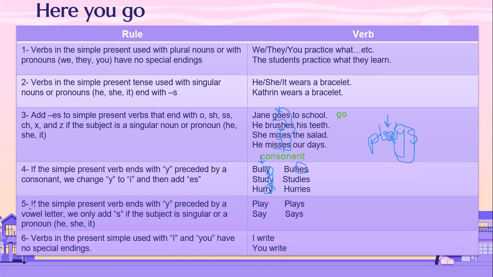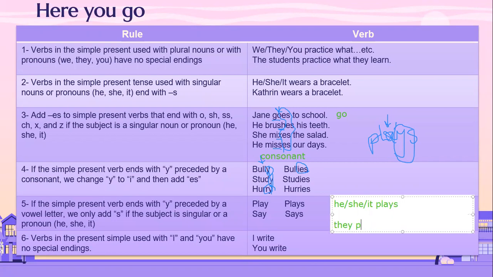Now, the fifth rule: if the simple present verb ends with Y preceded by a vowel letter, I was just saying that, we only add S if the subject is singular or a pronoun, which is he, she, it. So let me type this. If it's he or she or it, plays. However, if it is they, play.